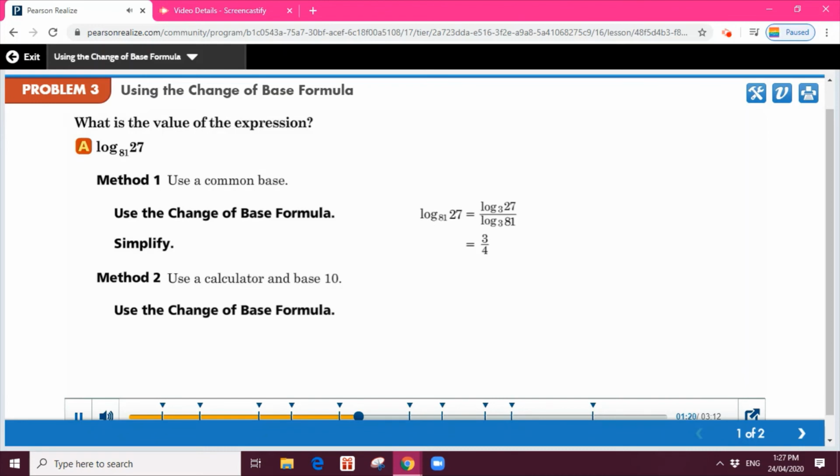You can also use the change of base formula with base 10 logarithms. Method 2. Use a calculator and base 10. Now substitute the values in the equivalent expression.